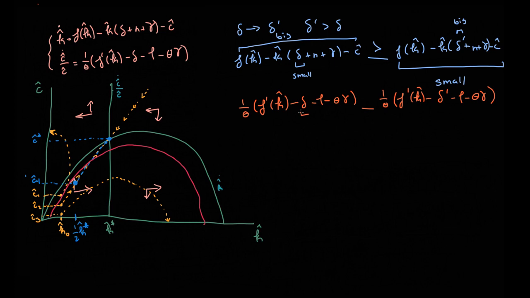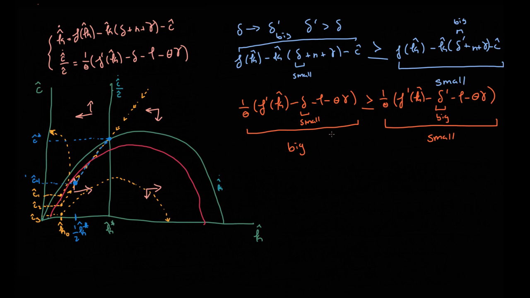So again, this delta is relatively small, and something small minus something is going to be relatively big, whereas this delta prime is relatively big, and something big minus something will be small.